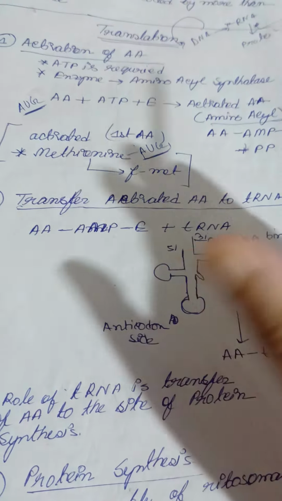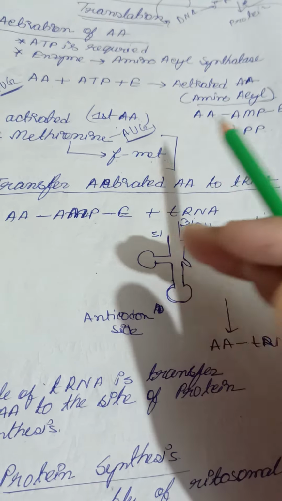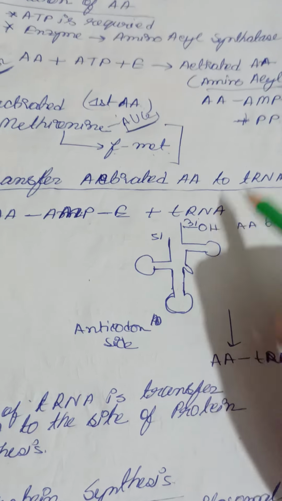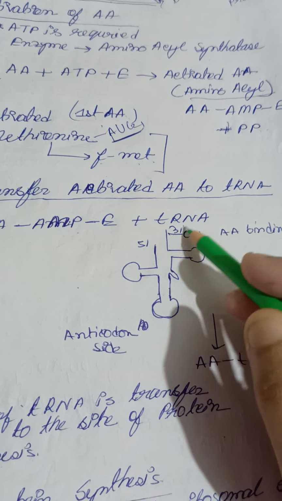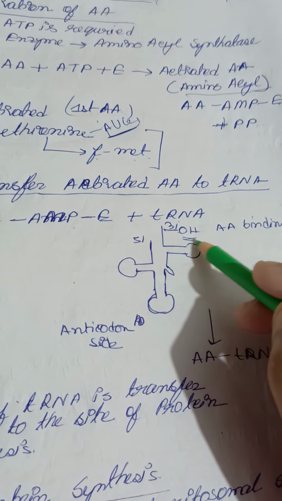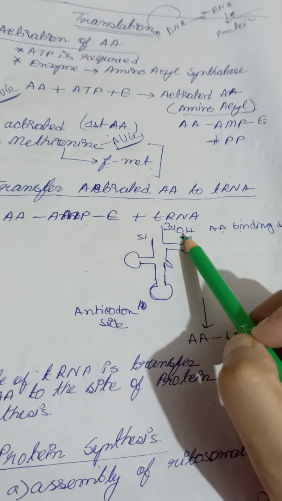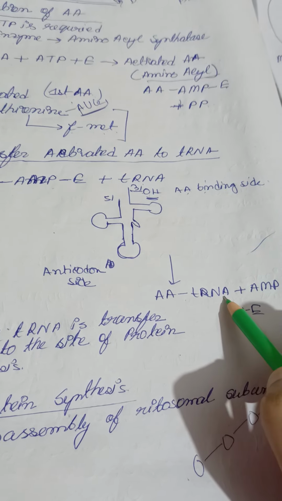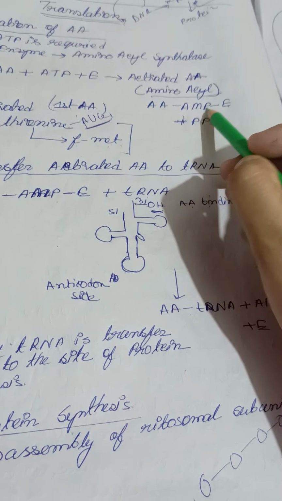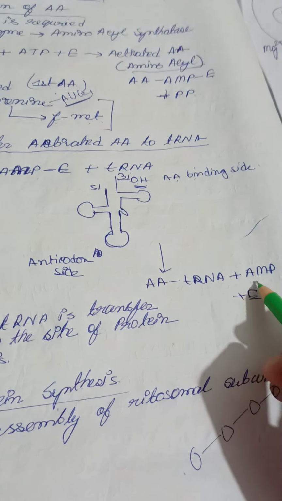So first this amino acid will bind with tRNA, right? So where on tRNA will the amino acid bind? We know in the 3' end there is an OH group. This is the amino acid binding site. So first here the amino acid will bind. Okay, so you see, amino acid binds with tRNA, and then this AMP and the enzyme all get separated.